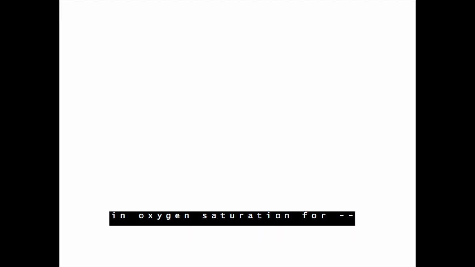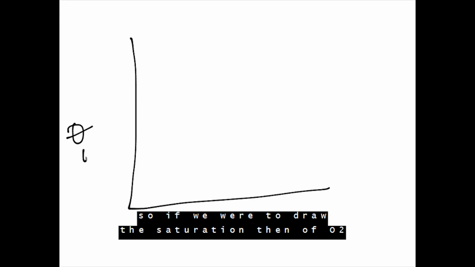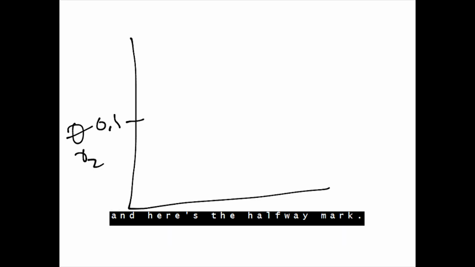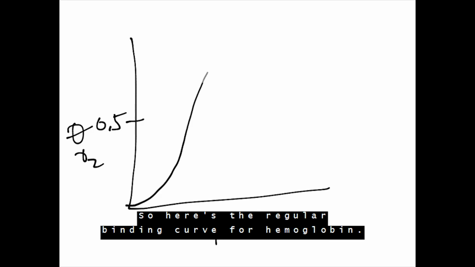So we can take a look on how you can see the Bohr effect in an oxygen saturation curve. So if we were to draw the saturation then of O2, and here's the halfway mark, we know that's important. Here's the pressure of O2 on our x-axis. So here's the regular binding curve for hemoglobin.